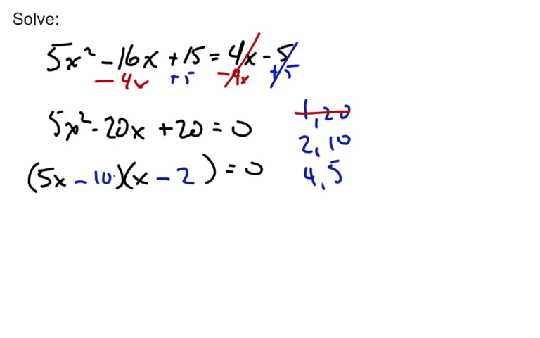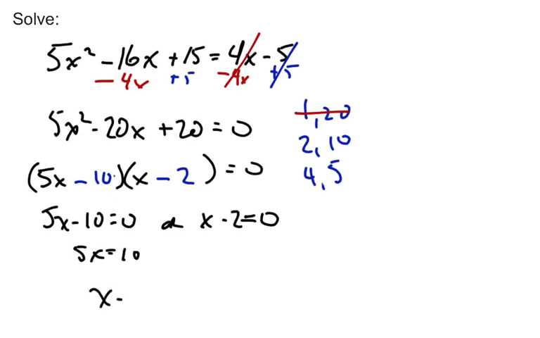Set each of them equal to 0. This would be 5x equals 10, so x equals 2. Or add 2 to both sides, x equals 2. So we end up with the same answer. X equals 2 is our solution.